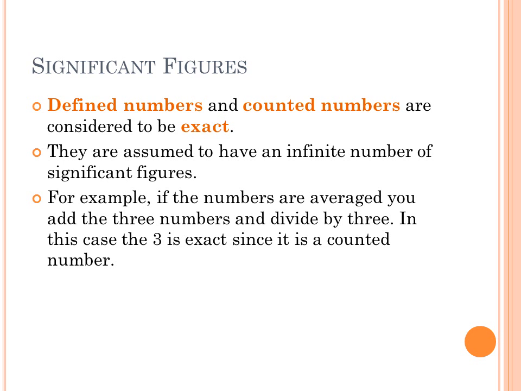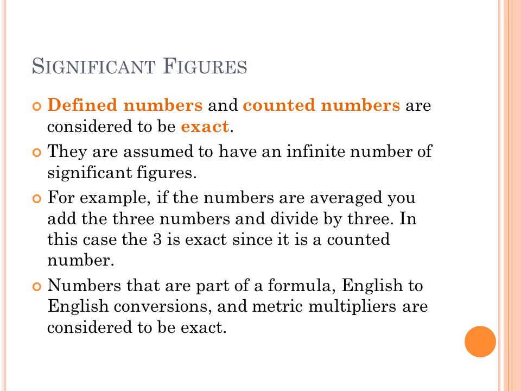For example, if you're averaging 3 numbers, then you would add them up and divide by 3. In this case, the 3 is exact because it's how many numbers you averaged and is a counted number. Numbers that are part of a formula, a lot of your English to English conversions, your metric multipliers, which are just moving the decimal around, are considered to be exact.